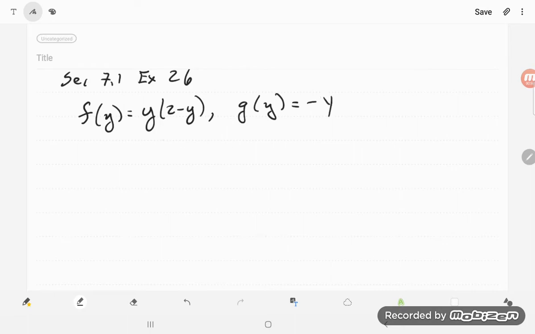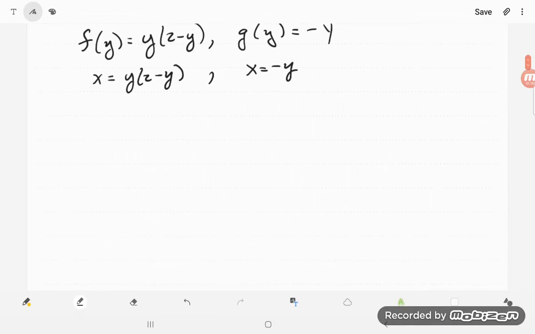Okay, when they do this, if you've looked in your text to get ready for this, they're not, in this case, just using some other letter. They're actually thinking x is equal to y times 2 minus y, and x is equal to negative y. So they would say that if you graph this, you should still graph it this way.